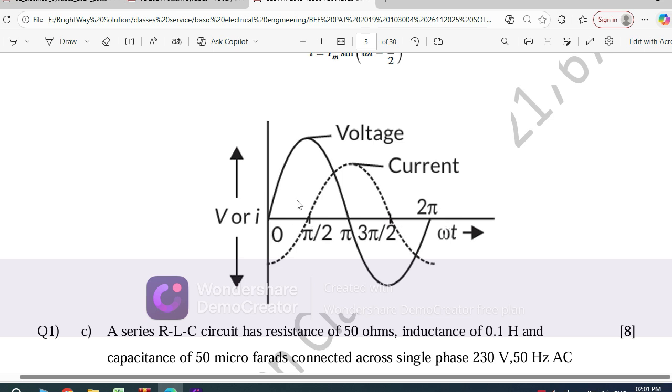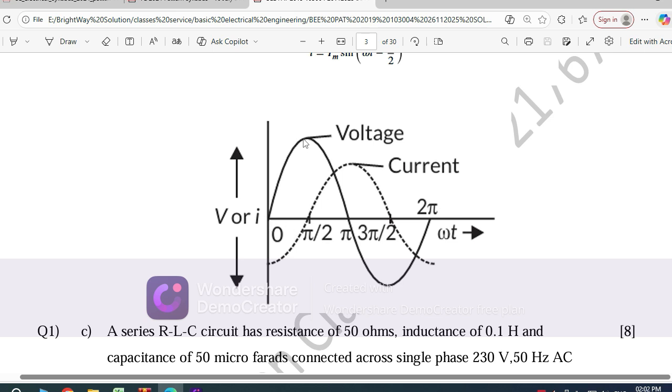Now here we have a very important point: we draw the waveform and take time on the x-axis. Omega t is considered as angular distance in radians.